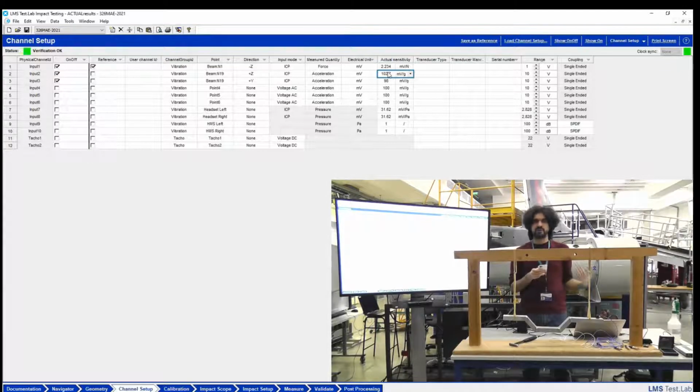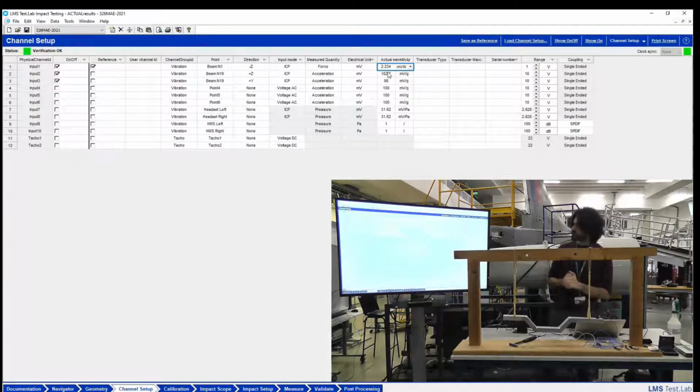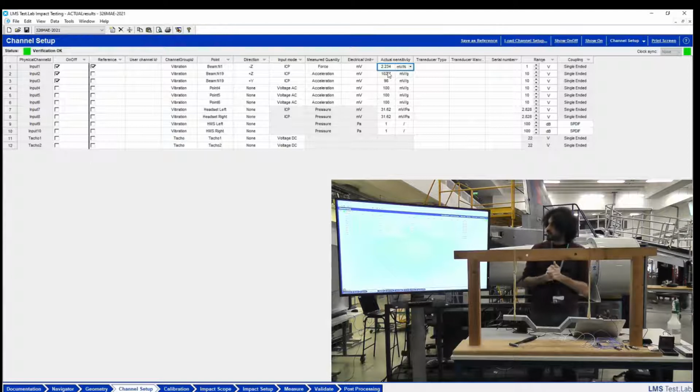So instead of showing you the voltages, it shows you directly the engineering units, so G and newtons in this case. The data card of the hammer shows that it's got 2.234 millivolts per newton.